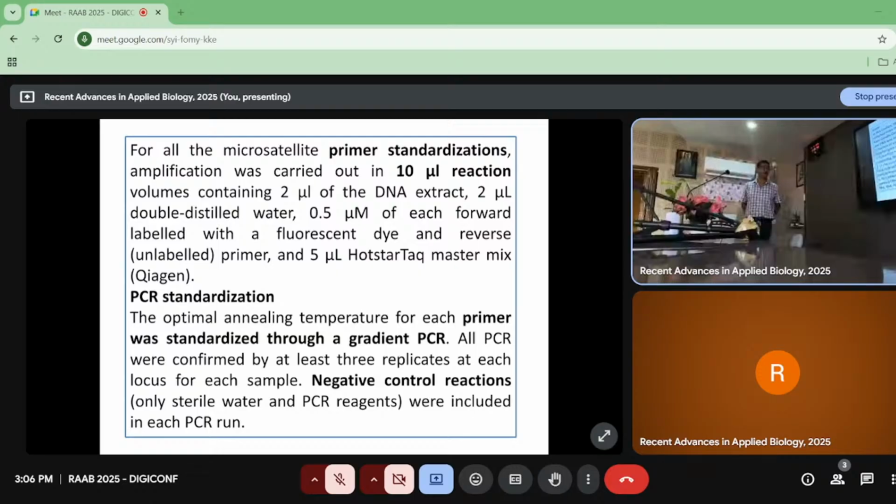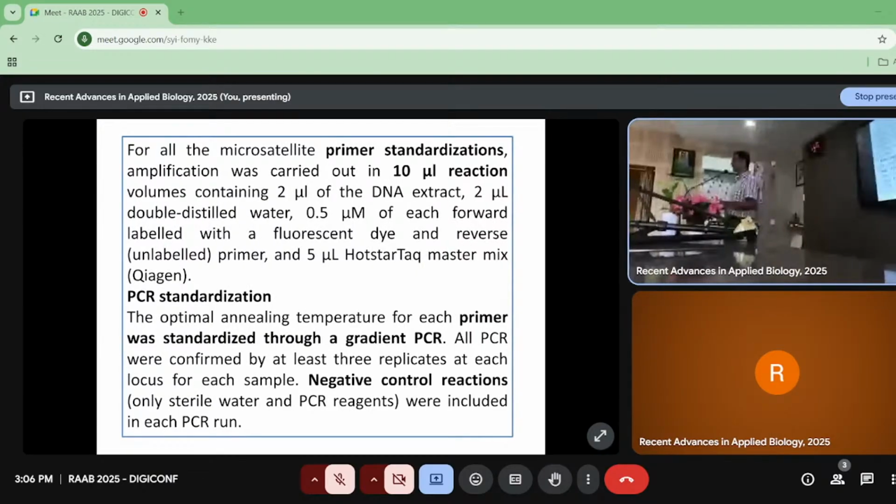Then the standardization of primers. I used a 10 microliter reaction for primer standardization for PCR, and PCR standardization was made through gradient PCRs. We used negative control reactions for the DNA obtained from dung samples.